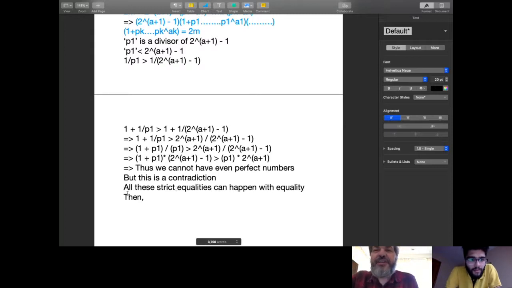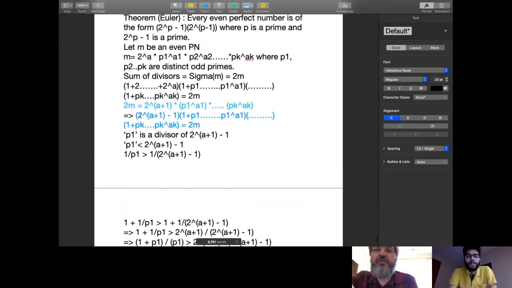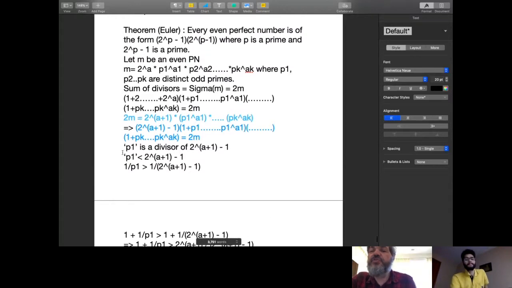Now, let's see where we have some inequalities. A few lines above, you say p1 is a divisor of 2 to the a plus 1 minus 1, and then we say that p1 is strictly less. We did have strict inequality unless we are exactly in that extraordinary situation when that number 2 to the a plus 1 minus 1 is 1.